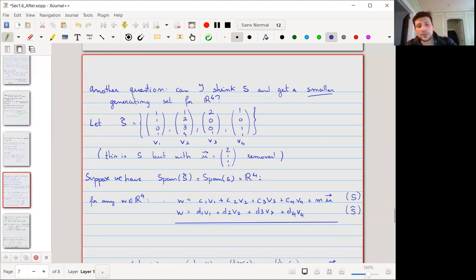But then if I write W in these 2 different ways, what do I get when I subtract them from one another is the following equation. I get 0 on this side because it's W minus W, and then I'll have C1 minus D1 times V1 plus C2 minus D2 times V2 all the way up to, well, maybe I can just write them, C3 minus D3 times V3 plus C4 minus D4 times V4.